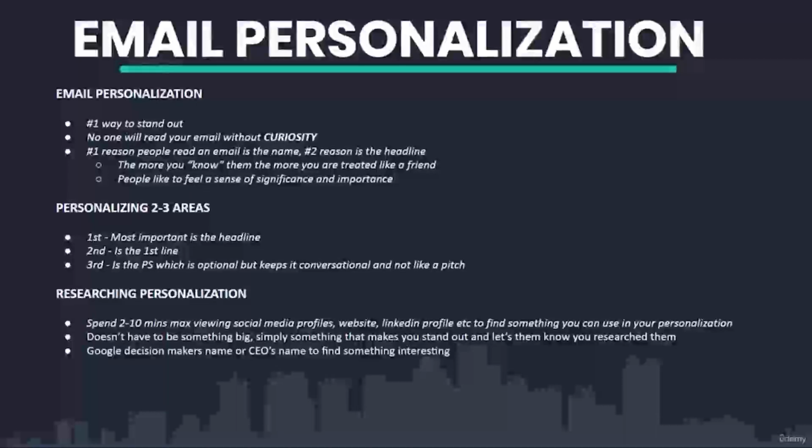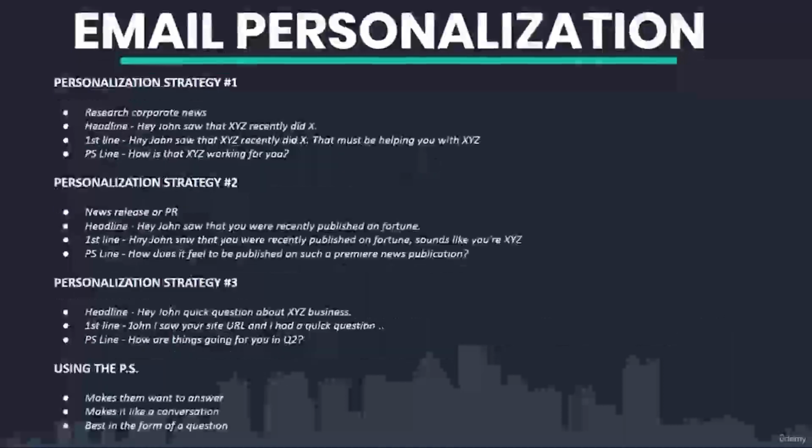It doesn't have to be something big, simply something that makes you stand out and lets them know that you're not like everybody else, that you actually researched them, and that you're giving them a sense of importance and significance. So I recommend that you go onto Google and all these different places and research those decision makers about their company, about themselves, about a project they worked on, whatever that may be, as long as you're really personalizing the email there.